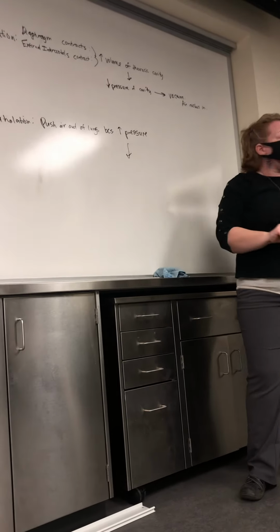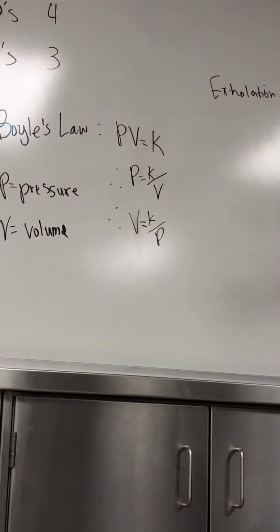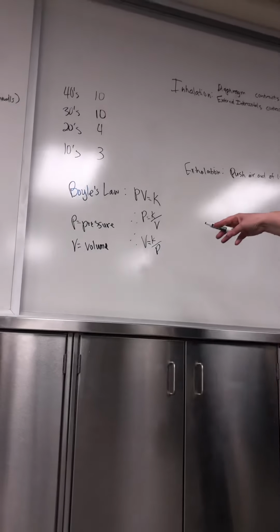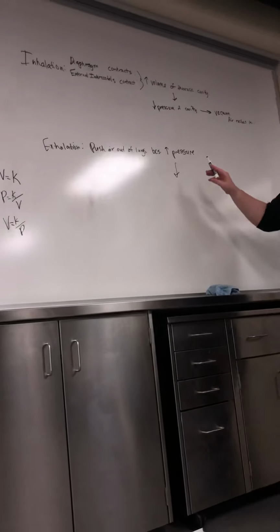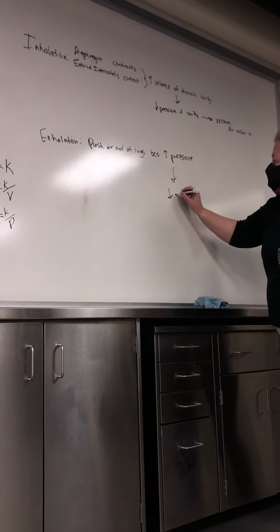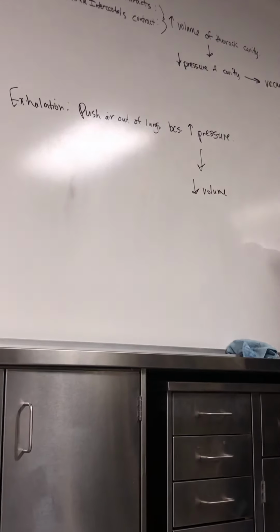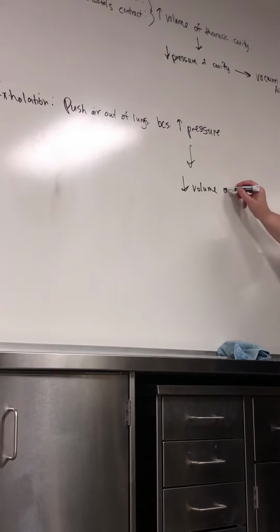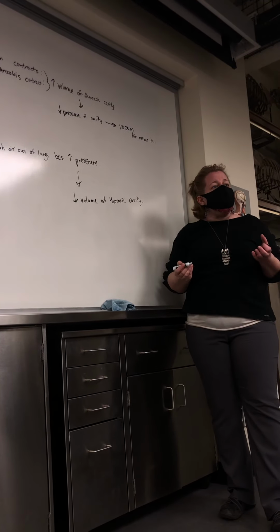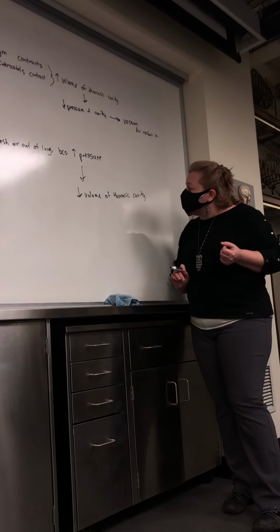Why do you have an increase in pressure? Very good. You increased your pressure by decreasing your volume. And then the last thing we have to embrace is how it is that you decrease the volume.